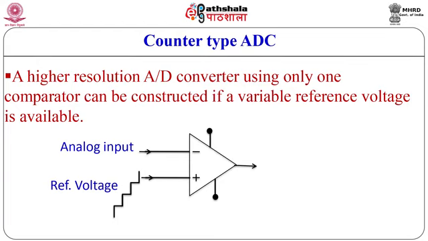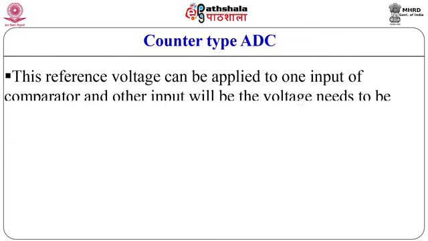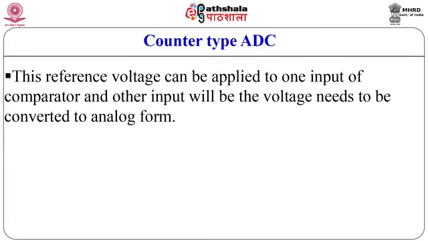As shown in the figure, one input to the comparator is the analog input, whereas the other input, which is the reference voltage, is not steady but a variable reference voltage. The reference voltage is applied to one input of the comparator and the other input is the voltage that we want to convert into digital form.